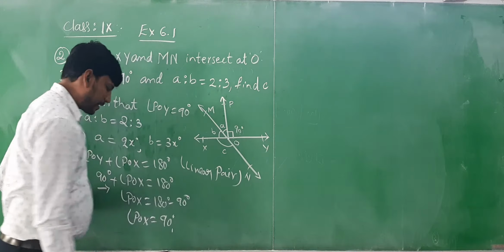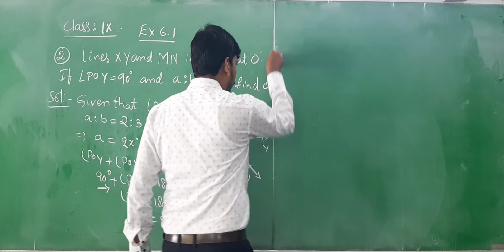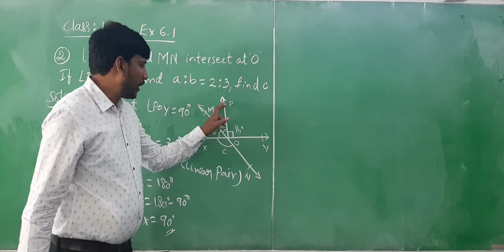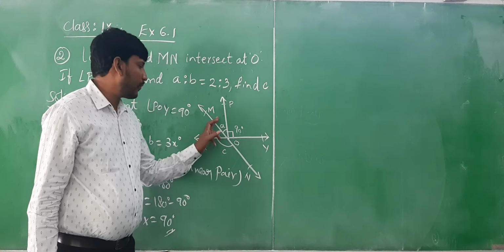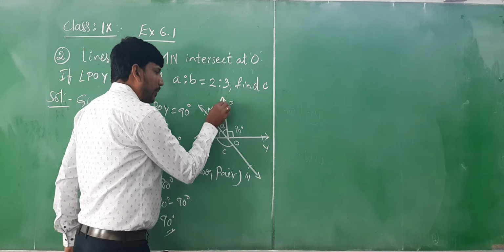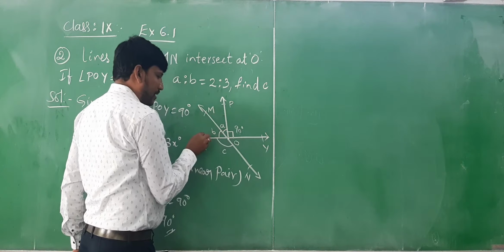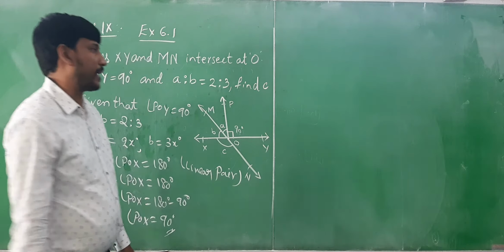POX is 90 degrees. But here, children, POX is the sum of A and B. Angle POM plus angle MOX is nothing but POX.